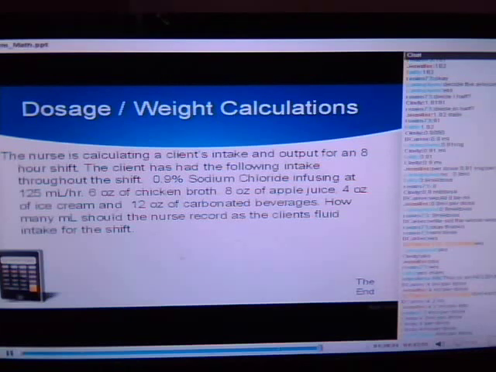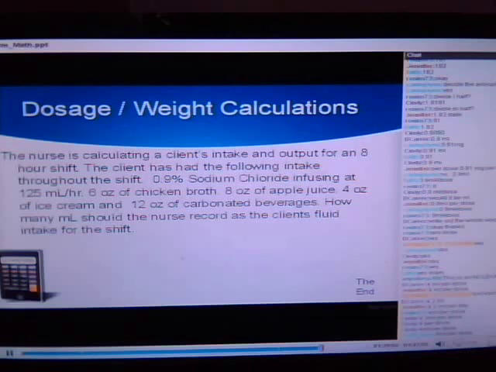So let me ask you a question right now. How many milliliters are in an ounce? Anyone? Everyone? Terrific. So you guys already know that you have to take the 8 ounces and times that by 30. You have to take the 4 ounces, times it by 30, blah, blah, blah.